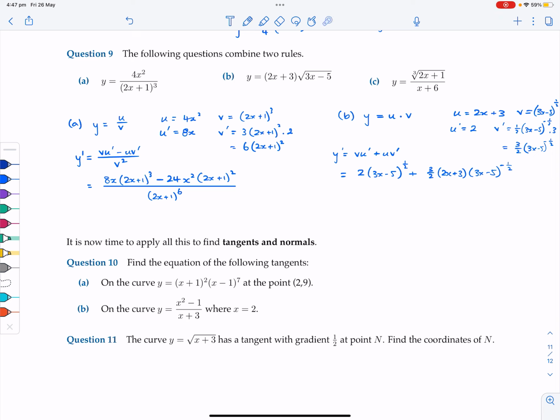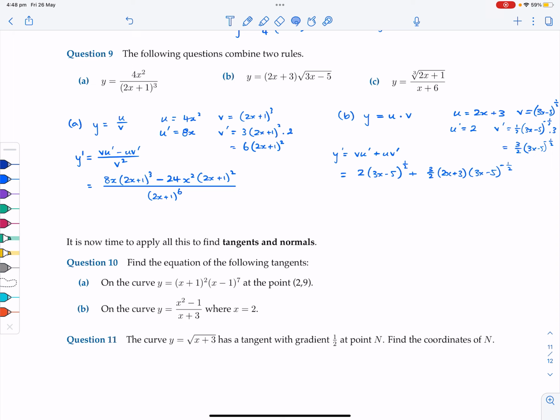All right, and that's the answer. So for the UV dash, I had to take that and that, but I put it in the order of 3 over 2, then that, right? There's a lot of stuff here, so I just want to get a tidy answer up front. Okay, so I've done question B. Now I'll do question C.